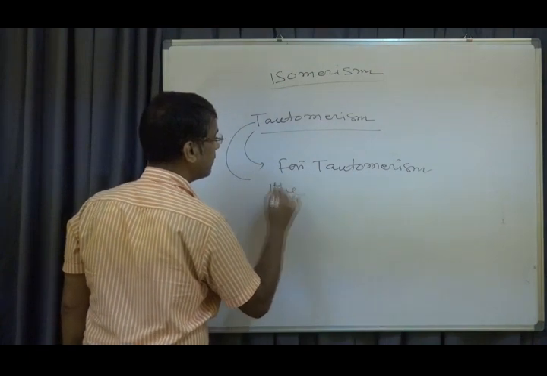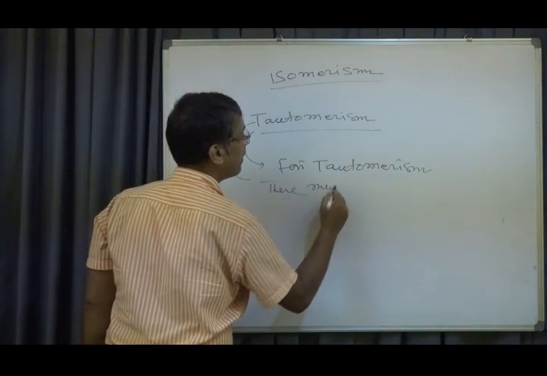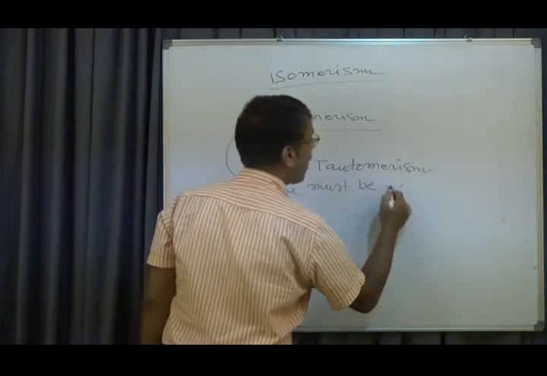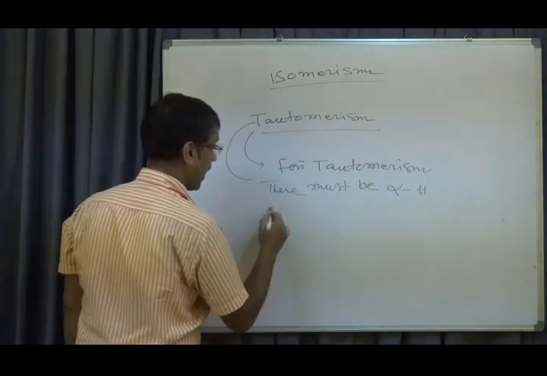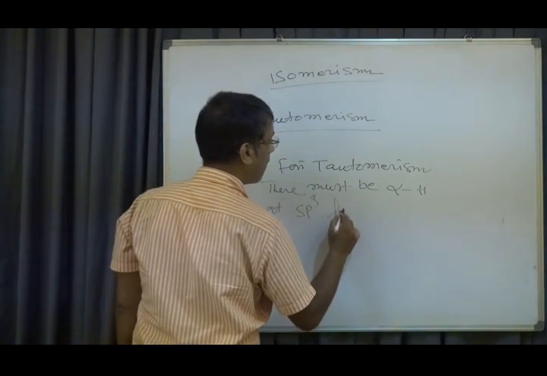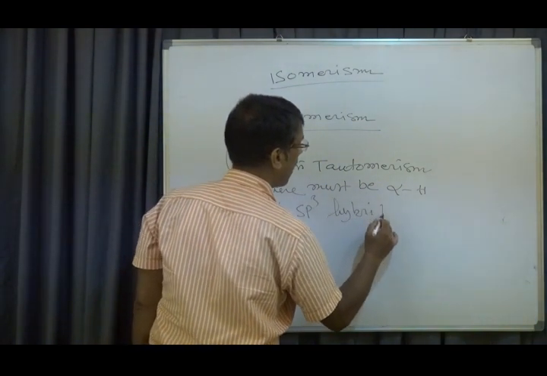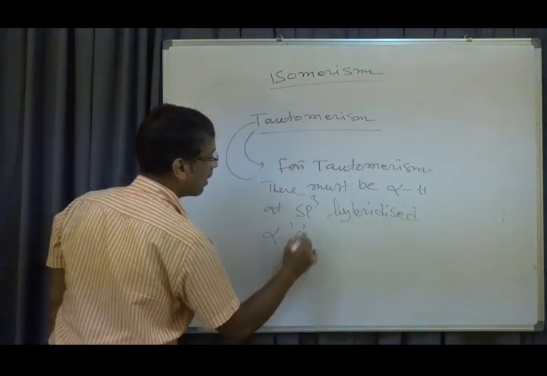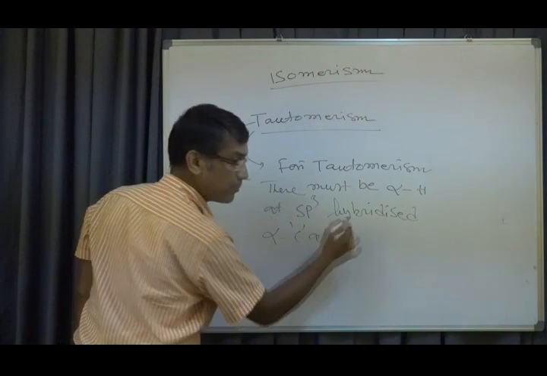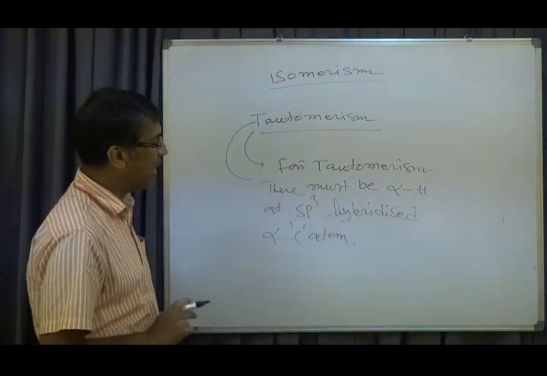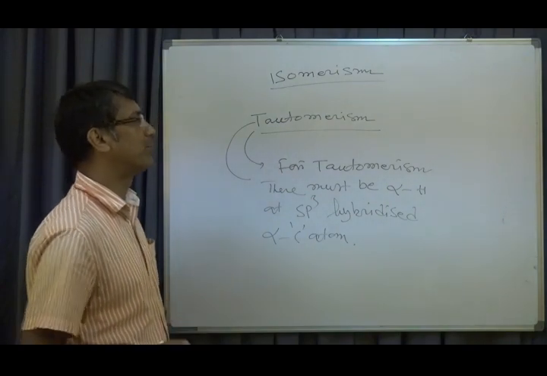We have to remember that for tautomerism, there must be an alpha hydrogen on an sp3 hybridized alpha carbon atom.